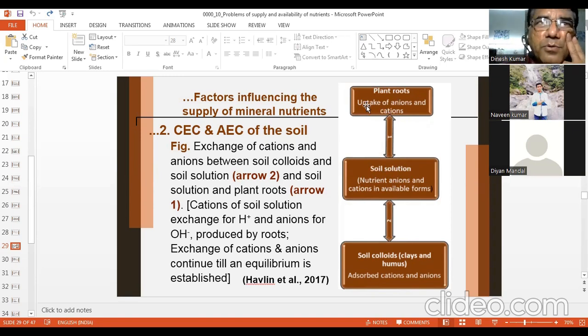And then if the roots release hydroxyl ion, they can be exchanged with the anions. Exchange of cations and anions continues till an equilibrium is established. So this is how CEC and AEC are very, very important. If there is no CEC and AEC, then soil will not be able to hold the ions and they can leach down easily.